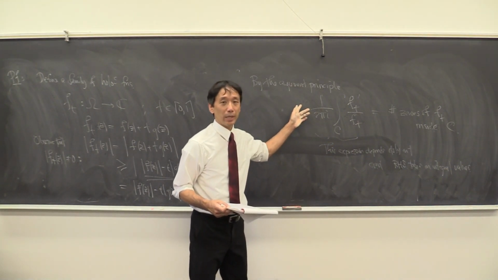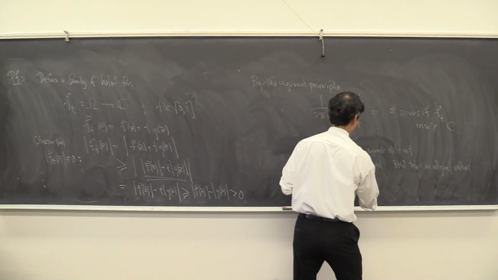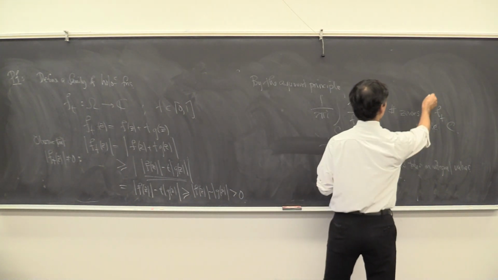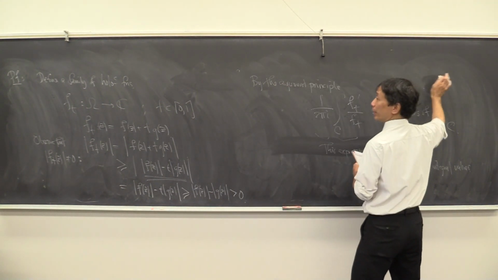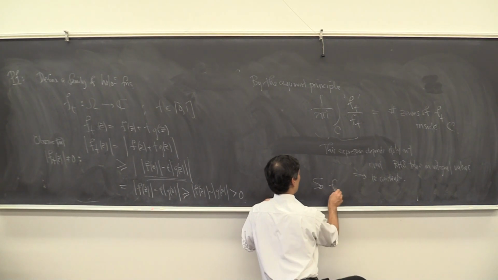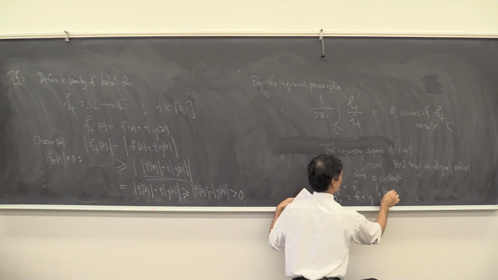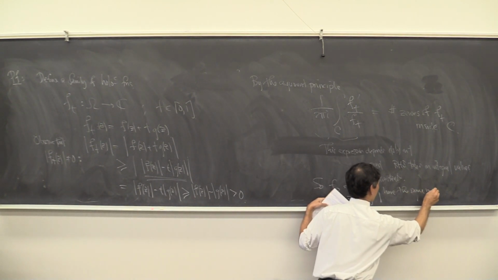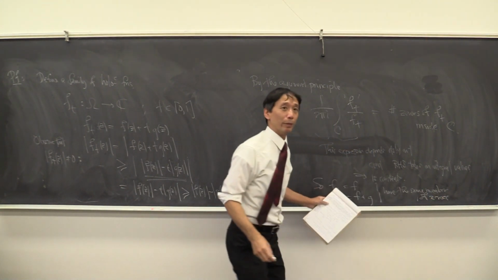So because it's continuous and takes on only integral values, it's constant. So that means that the number of zeros when t is 0 and when t is 1, so f0 and f1, have the same number of zeros. Which is what we wanted to show.